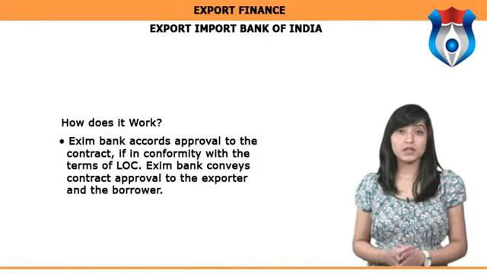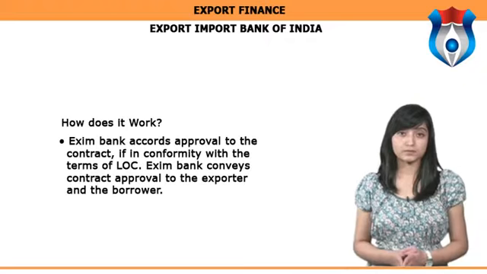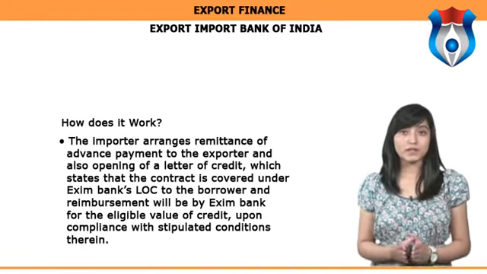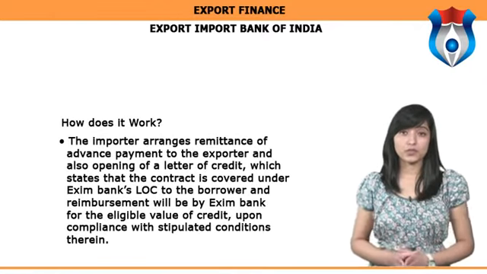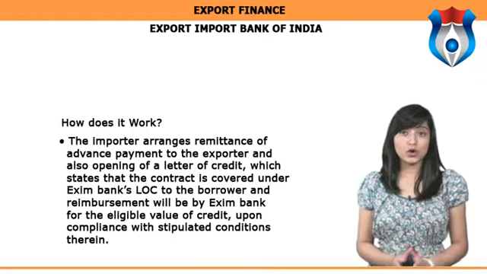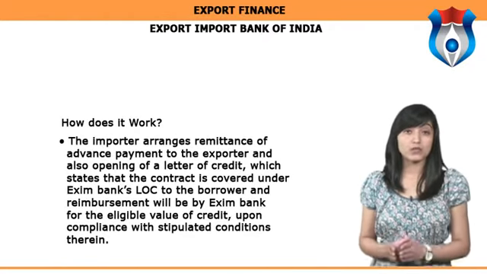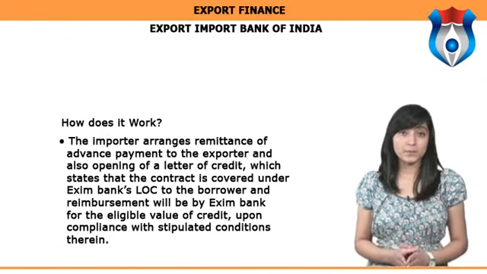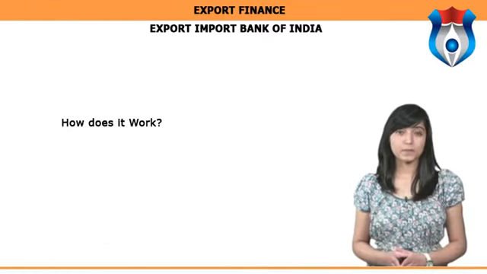Exim Bank conveys contract approval to the exporter and the borrower. The importer arranges a remittance of advance payment to the exporter and also opening of a letter of credit which states that the contract is covered under Exim Bank's LOC to the borrower and reimbursement will be by Exim Bank for the eligible value of credit upon compliance with stipulated conditions therein.